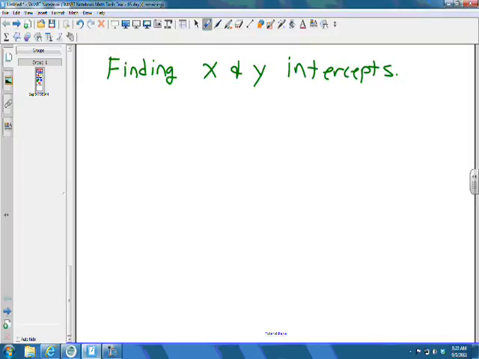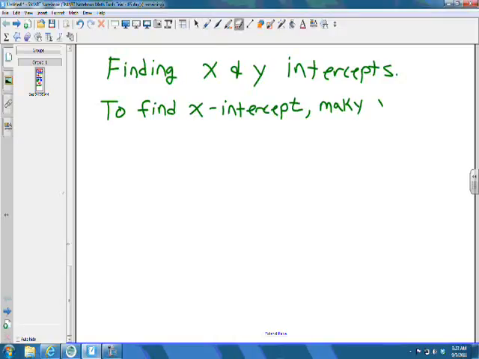Finding the x and y intercepts, finding where the line crosses the x and the y axis. It's a quick way to find 2 points if you have to graph. Find the x-intercept: make y 0 and solve.